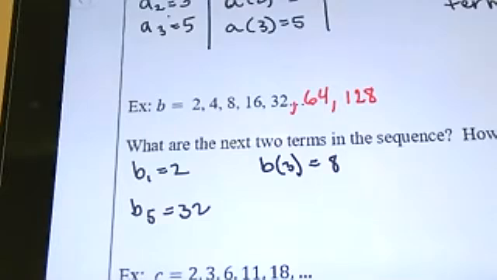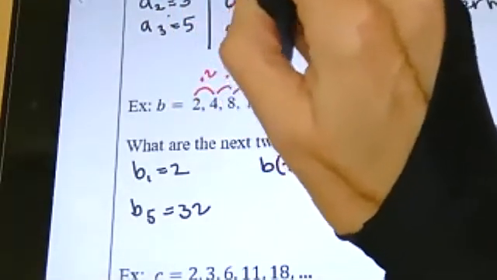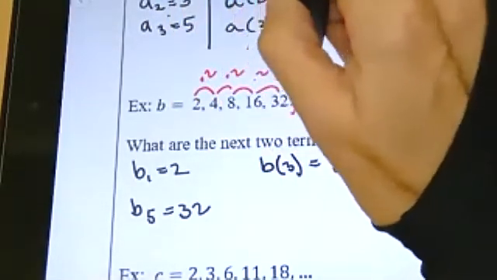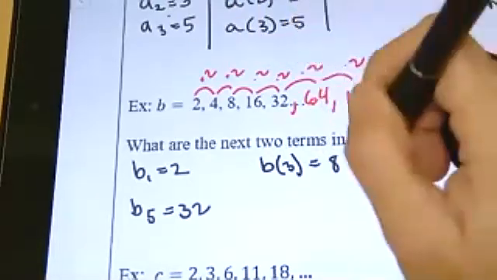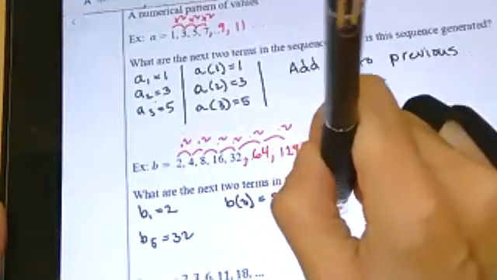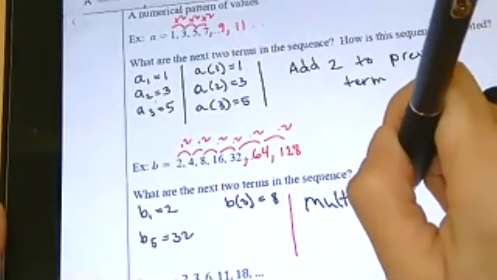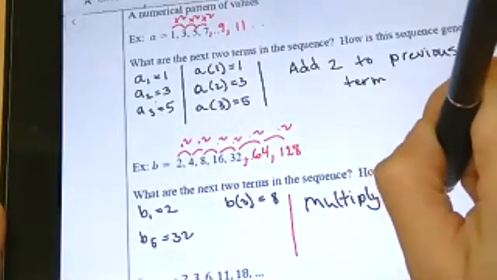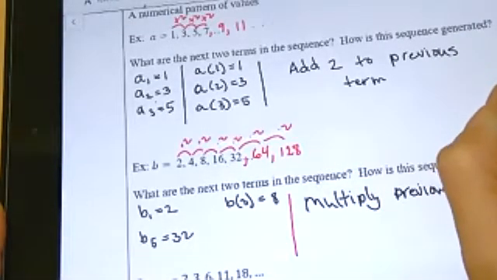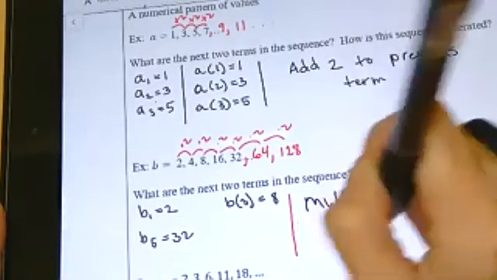But what's going on here? It's doubling. So right here, we're multiplying by 2, multiplying by 2, multiplying by 2, etc. Okay, so this sequence is generated by multiplying the previous term by 2.